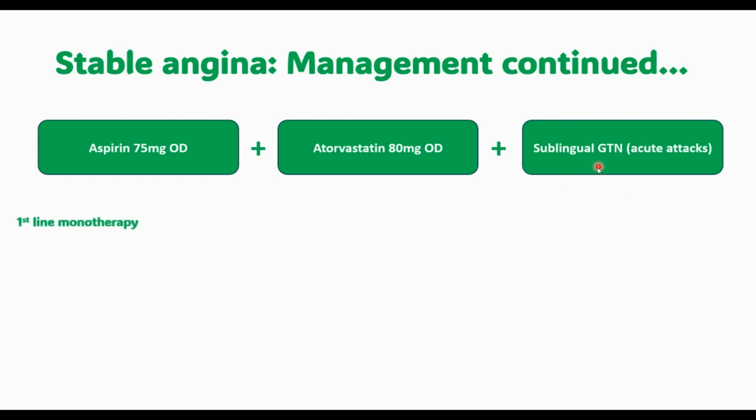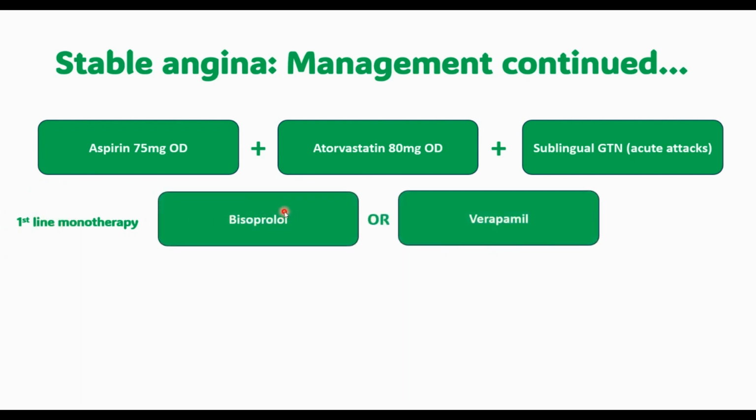Okay, and then we need to look at first line medications. So you can either use bisoprolol, which is a beta blocker, and what this aims to do is it lowers the heart rate and reduces the amount that the left ventricle has to work.